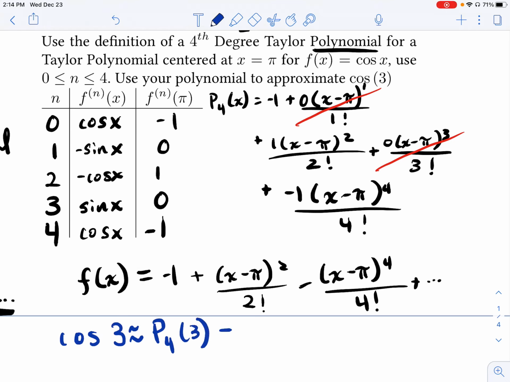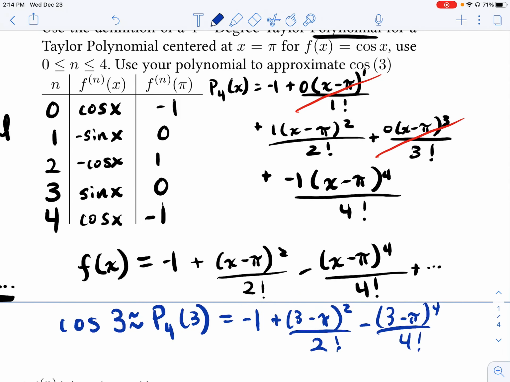So we're going to plug 3 into what we have for our 4th degree Taylor polynomial. Well, that's -1, which is our first term, plus our x now is being replaced by 3, so (3 minus pi) squared over 2 factorial, minus (3 minus pi) now to the 4th over 4 factorial.